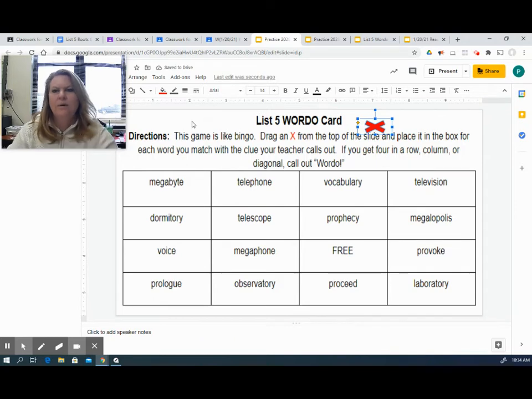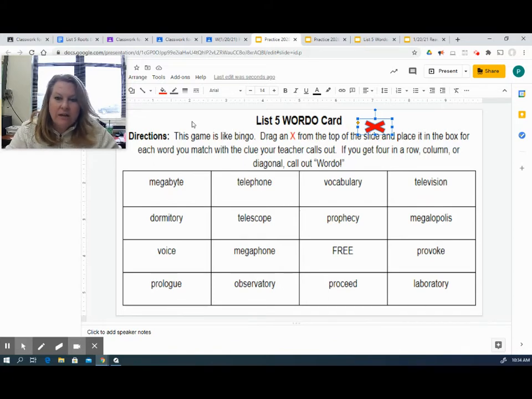All right, guys, here we go. So this root or affix is Latin, and it means sound, word, or call. So you're going to go grab that X. Actually, first you're going to think about, okay, which root or affix means sound, word, or call.